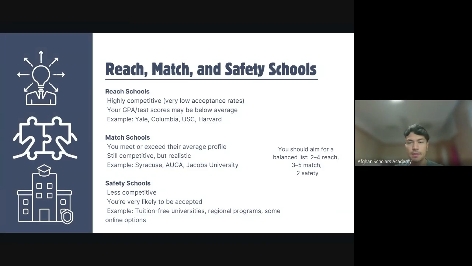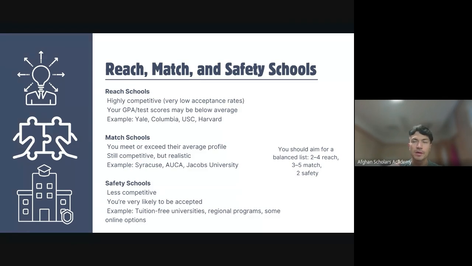And safety schools are less competitive. Their acceptance rates are high, and you are likely to be accepted. But still you have to be rational. You have to look at how many safety, match, and reach schools you really need.